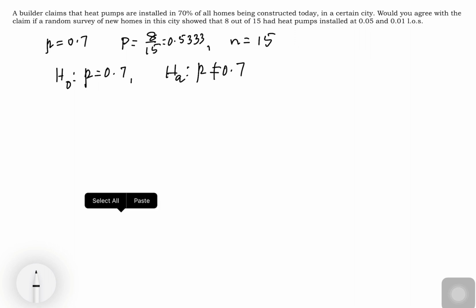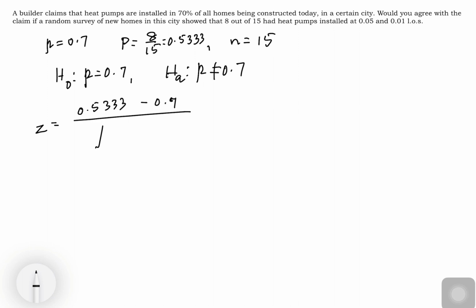So let us write the Z. So Z will be equal to capital P, which is 0.5333, minus small p, which is 0.7, over square root of P, 0.7, into Q, which is 0.3, divided by 15, and this is found to be equal to minus 1.41. So at 5% level of significance, this is a two-tailed test. It is a two-tailed test.